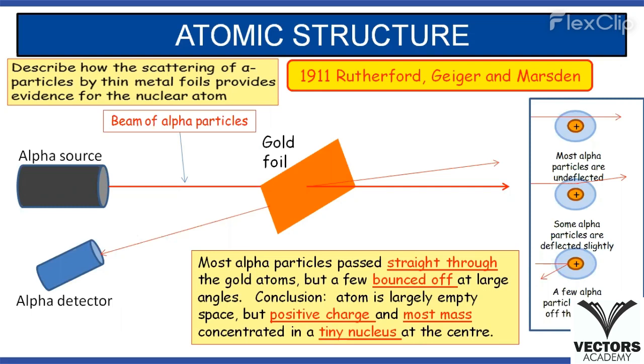Most of the alpha particles passed straight through the gold atoms, but a very few bounced off at a larger angle. The conclusion is that the atom is largely empty, but the positive charge and most of the mass are concentrated in the tiny nucleus, which is at the center.